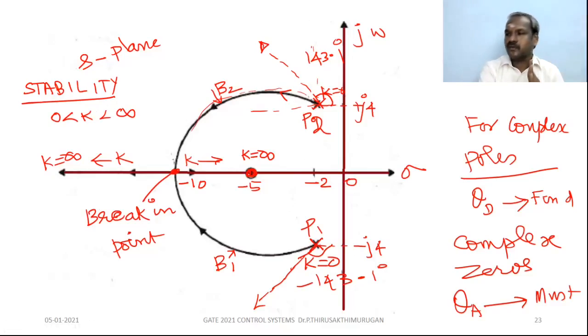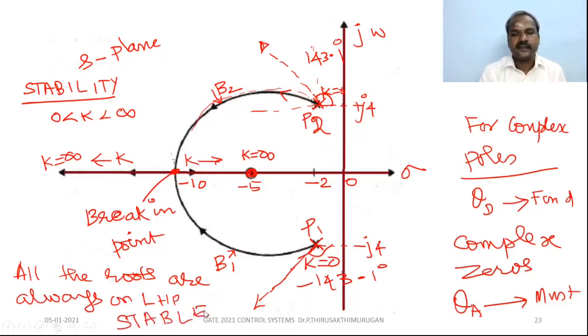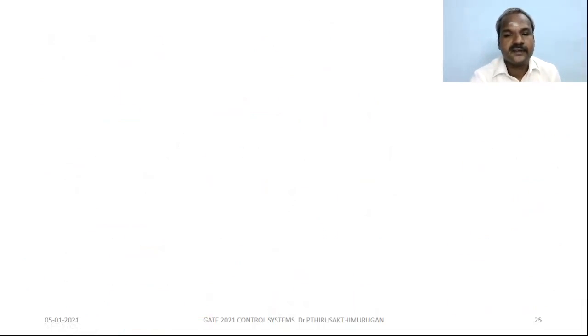Hence all the roots are always on the LH plane, so the system is always stable. Understand or not? So the system is stable.